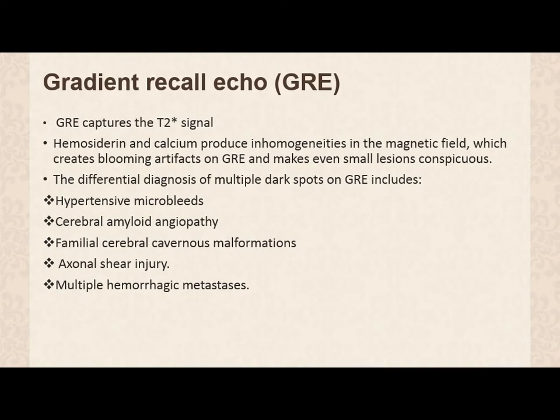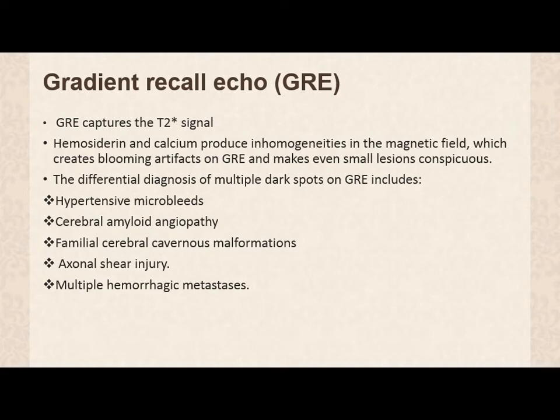Gradient recalled echo captures what's called the T2 star effect signal. This best demonstrates hemosiderin, and some calcium products, when you have a gradient recalled image sequence. Where do the hemosiderin spots arise from?